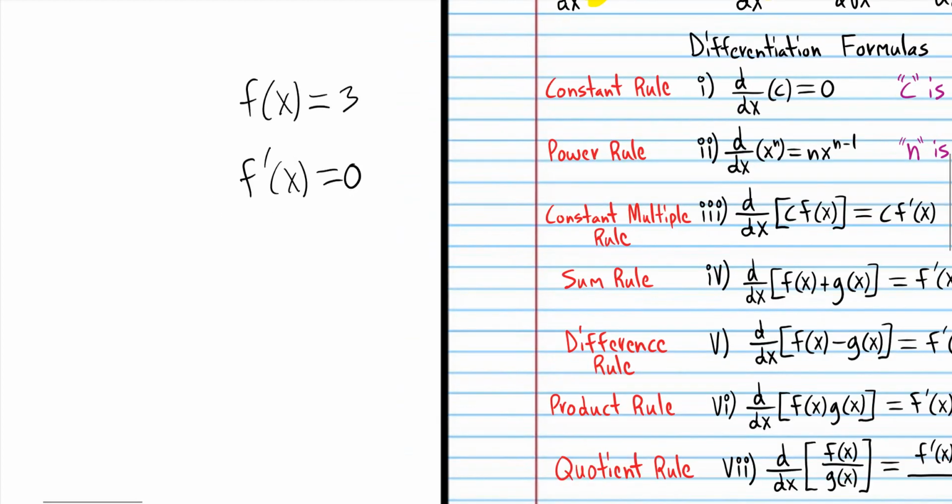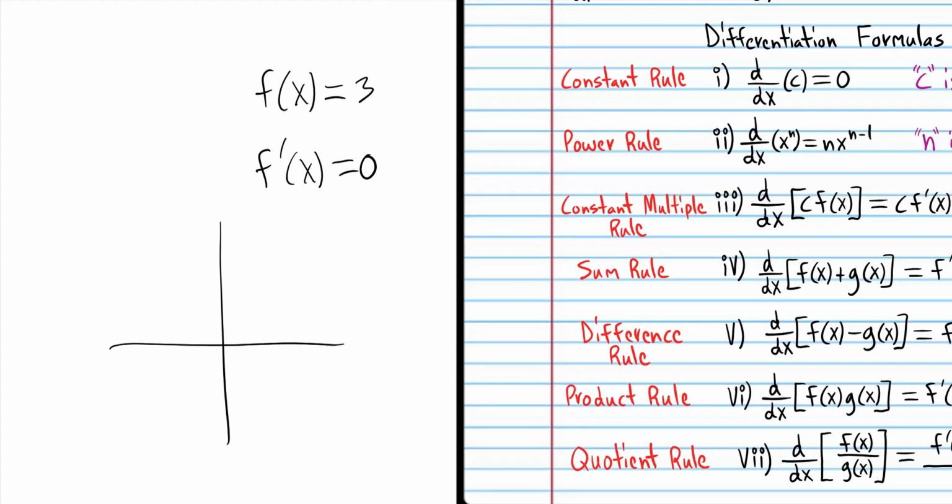And the reason for that is that if you graph a constant function like f of x is equal to 3, it just looks like a horizontal line. And remember, the derivative is the rate of change of the y values as the x values change, but the y values are not changing. The y values are all the same if you look at the points on this line. So the rate of change of the function is 0.